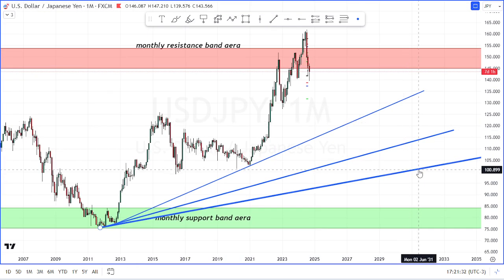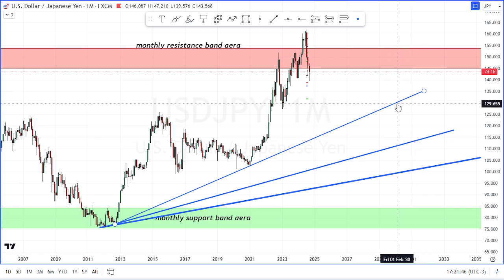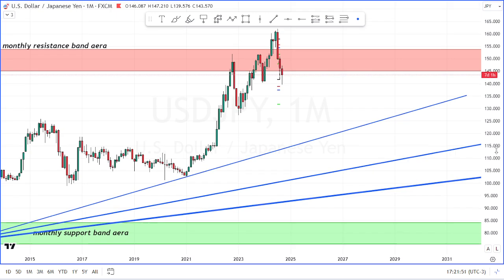So this is the strongest and long, followed by the medium trend line, which is the next strongest, followed by the short trend line. All right, now we also have the aggressive trend line.